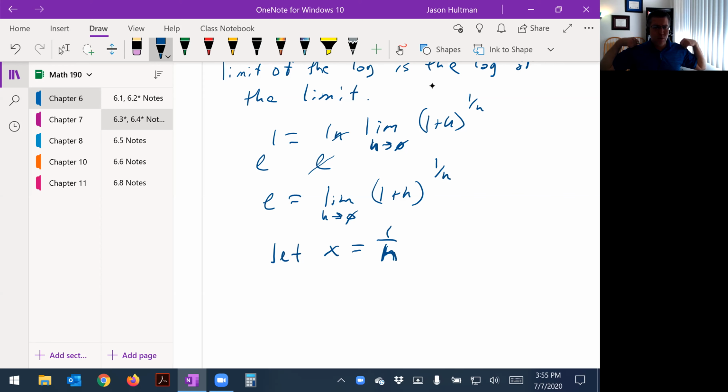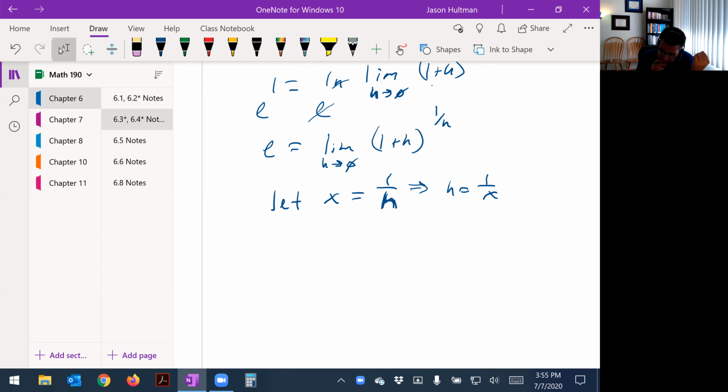Let x equal 1 over h. Then that means that h would be 1 over x. Does that make sense? This implies that h is 1 over x. Is that right?